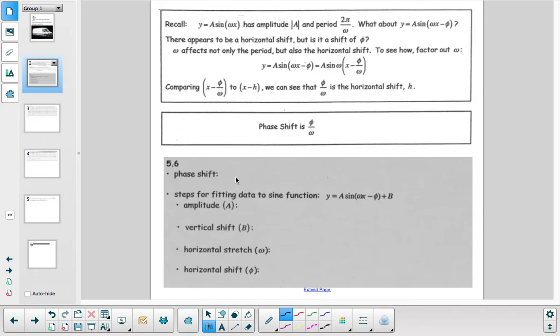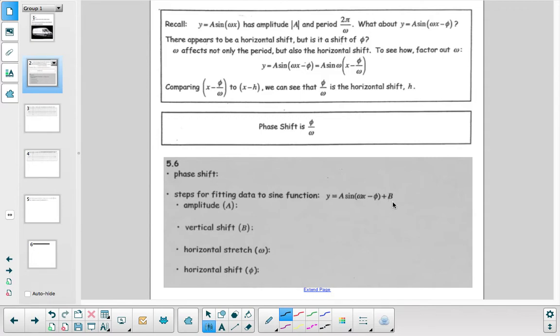This is a two-part lesson. Tomorrow you'll have the last portion, which is the vertical shift. Vertical shift, this is the part that I wanted to talk about briefly, is adding outside of the trig function. So this whole thing is one function plus a constant. That constant moves everything up or down, and this constant is the midline.